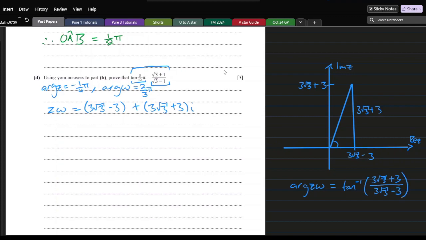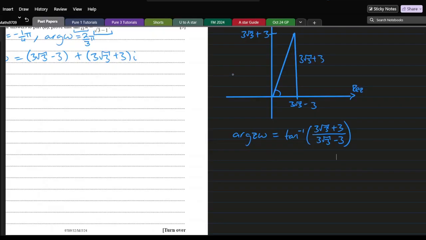Okay, so let's simplify that a bit. So arg z omega is equal to arctan of, we can factor out a 3 in both the numerator and the denominator, and so we end up with 3 root 3 plus 1, and this is all over 3 root 3 minus 1.